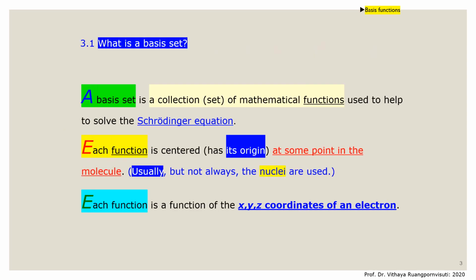What is a basis set? A basis set is a collection or set of mathematical functions used to help solve the Schrödinger equation. Each function is centered at some point in the molecule. Usually, but not always, the nuclei are used.